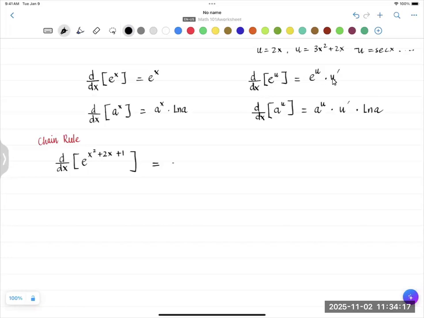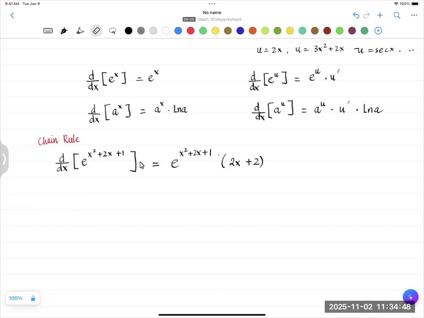So you're going to have e^(x squared plus 2x plus 1), which stays the same. This is the derivative of e, and now we apply the chain rule, which is the derivative of the exponent, and that will be 2x plus 2. So your u in this case is x squared plus 2x plus 1, and u prime is 2x plus 2. That's the reason why we have e^u times u prime.